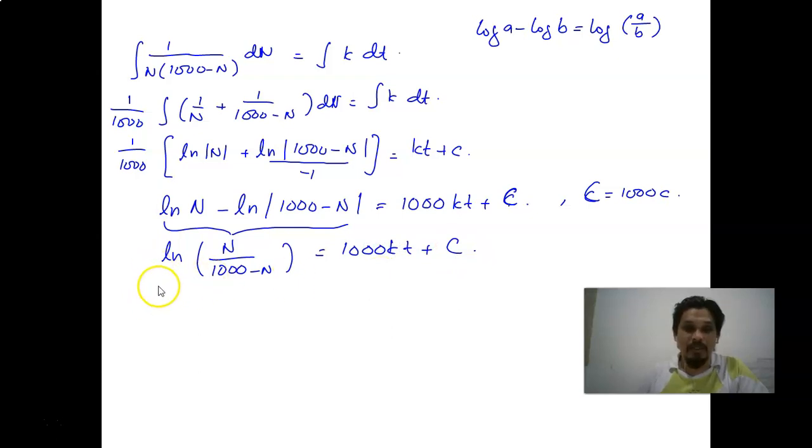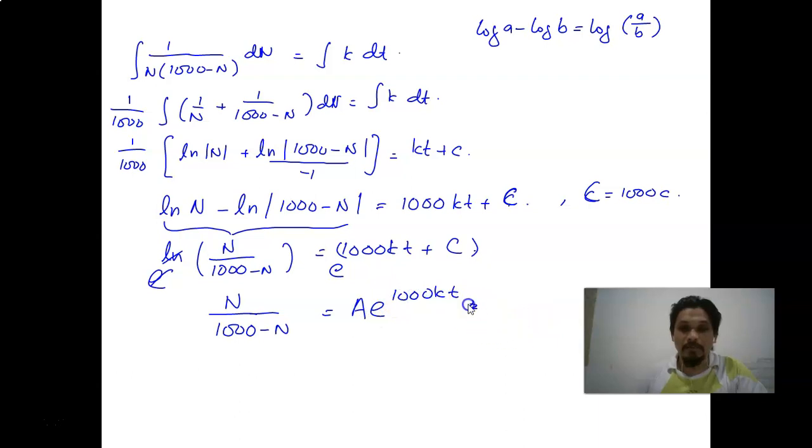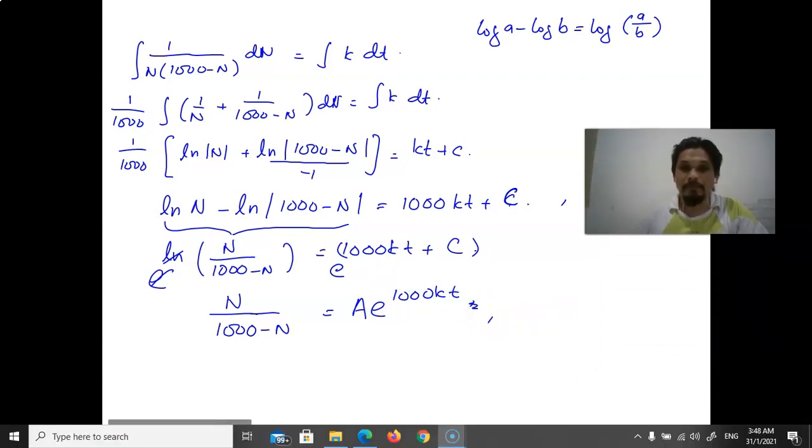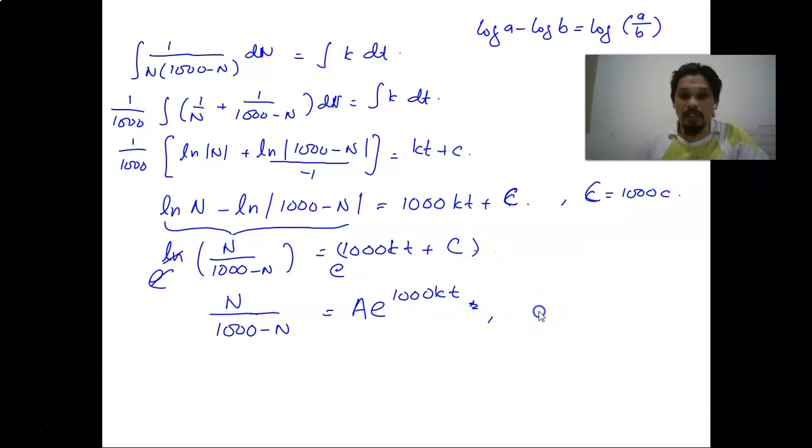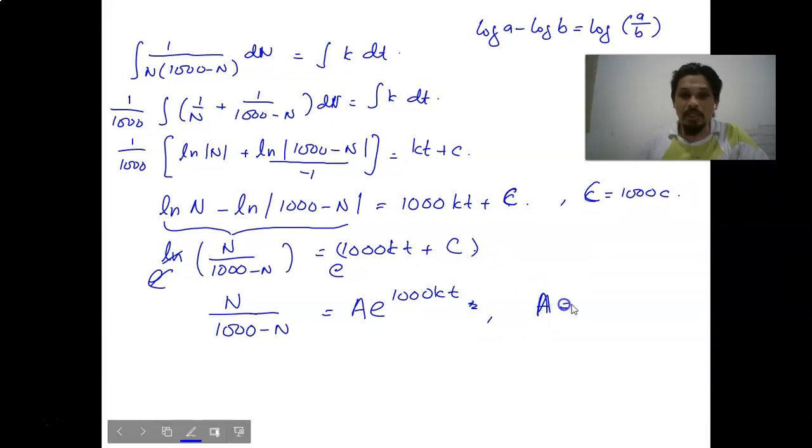So come up with the e constant of e here and also e here. Okay, and cancel between these two, then n divided by 1000 minus n equal to A e power of 1000 kt, where A equal to e to the power of c here.